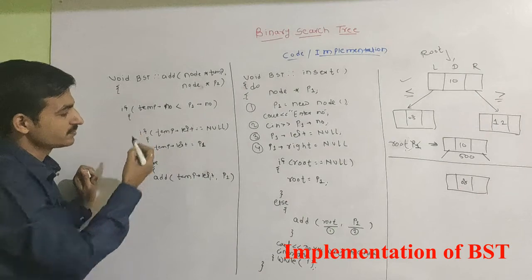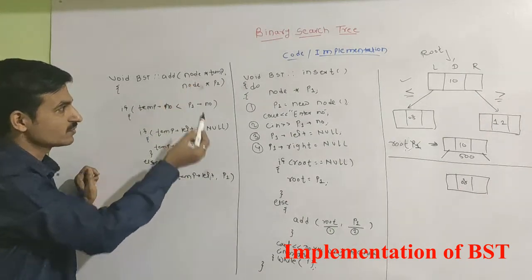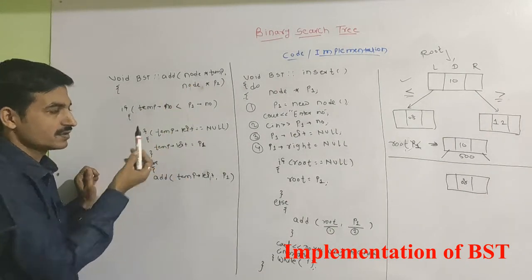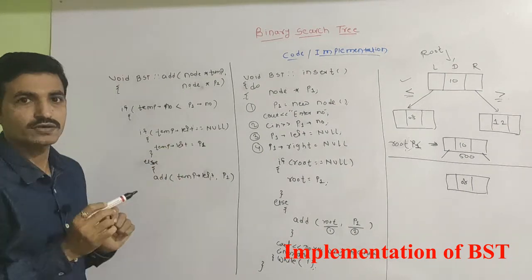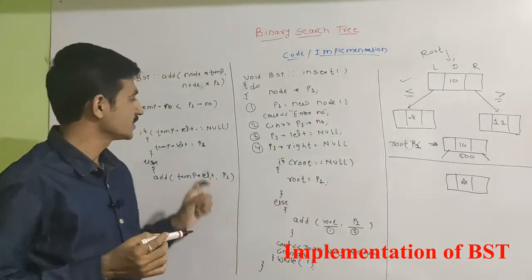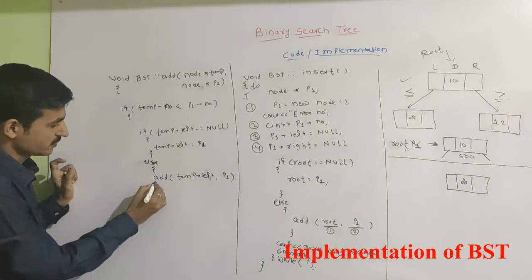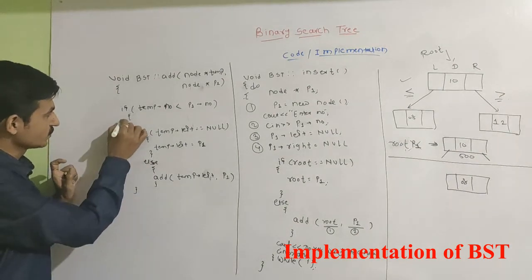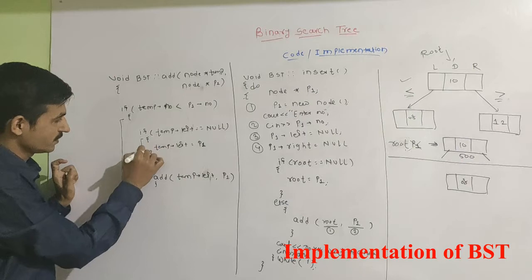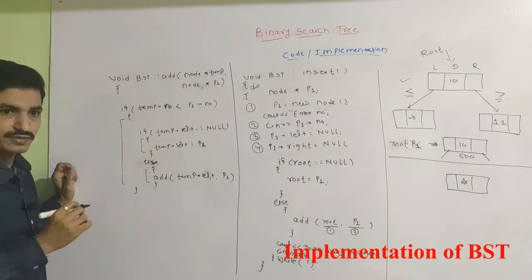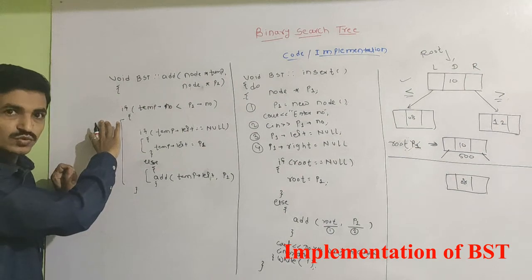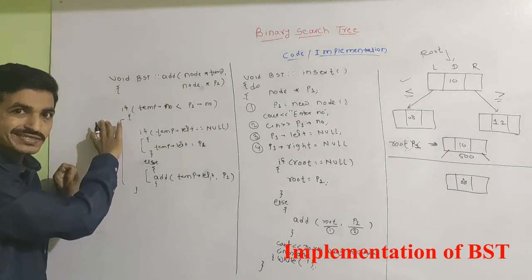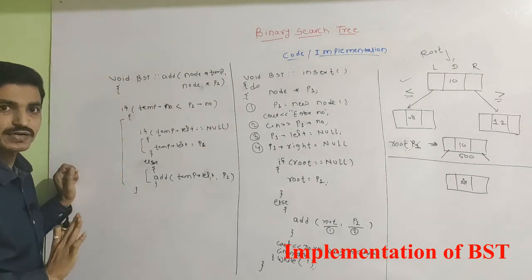So unless and until temp of left is null, this code will work, and then once it is null, that node will be inserted in the left side. So this is the code which is going to work for the left side. Now if this is true, anything which is less than root, left side will be created.